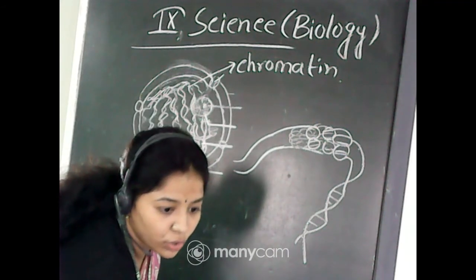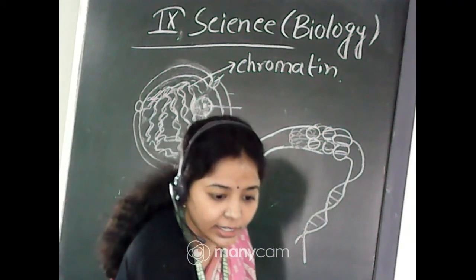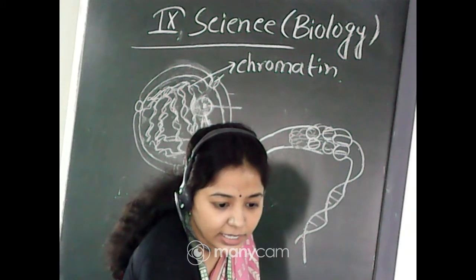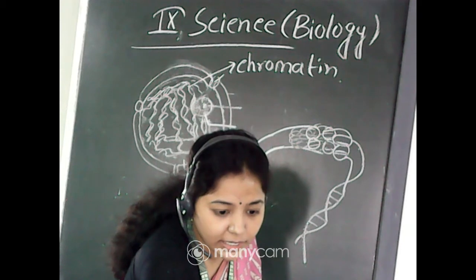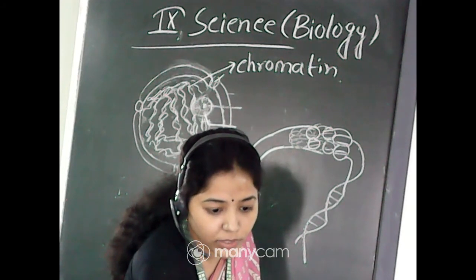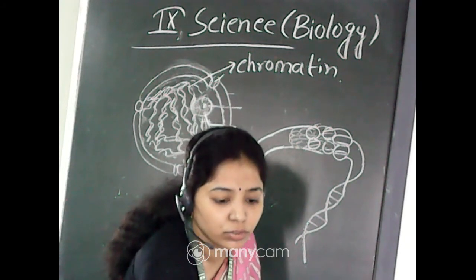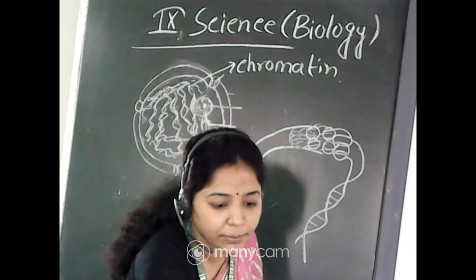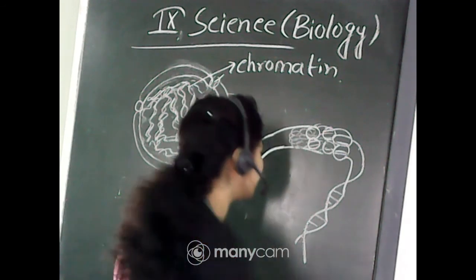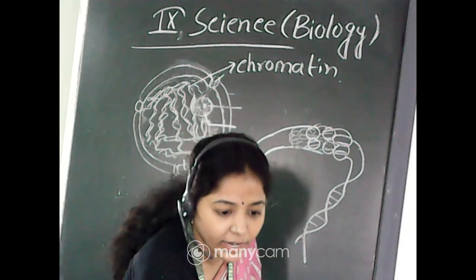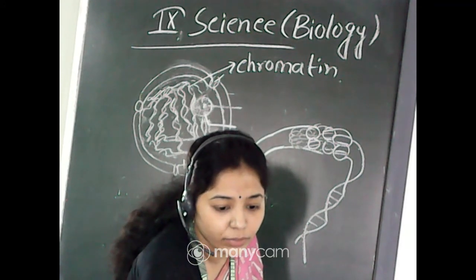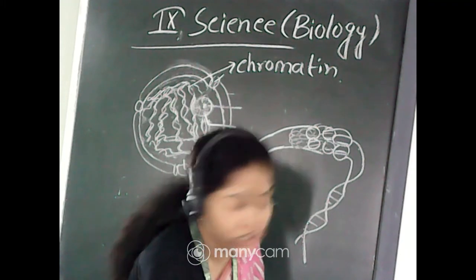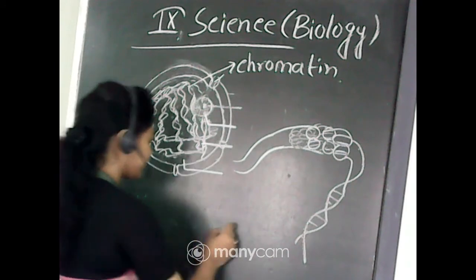Okay, so chromatin is the most condensed form here, and inside the chromatin there are so many nucleosome structures, histone protein, and lastly the simplest structure, the DNA helix. And when this chromatin is condensed during cell division, then it makes a structure called chromosome.